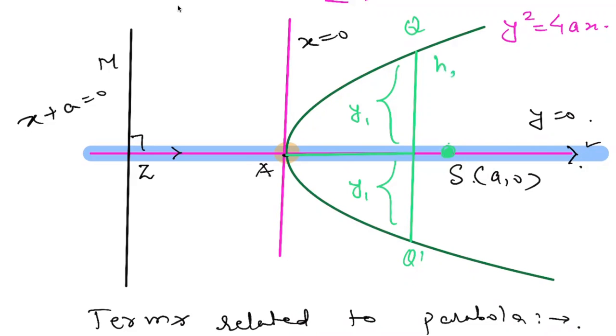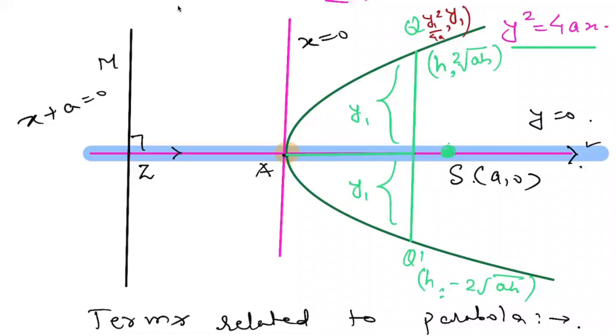If the abscissa is h for the equation y square is equal to 4ah, then y will be plus or minus under root of 4ah. But on the other hand, one thing we can also do: if I write this length as y1, then the x coordinate will be y1 square by 4a.